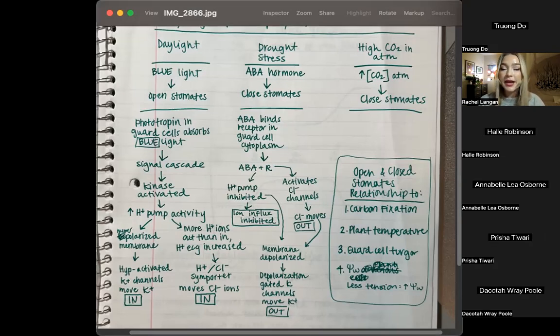Okay, yeah, question? Are we supposed to know the stuff about too much sodium in the soil ruining the plant?